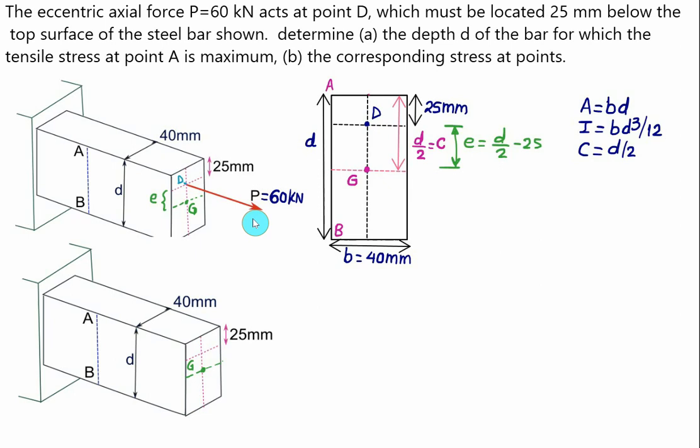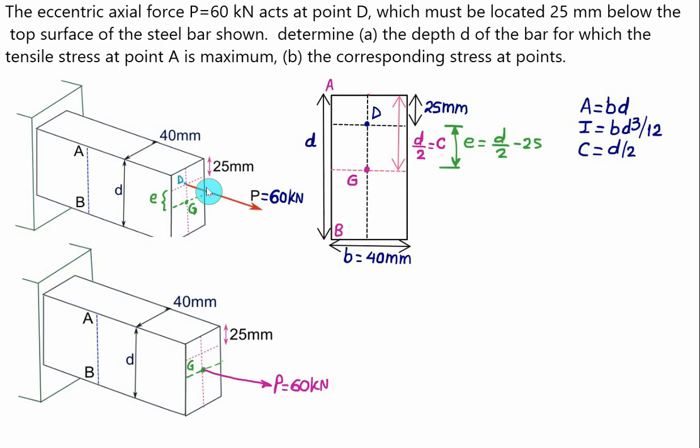Now to find the effect of the force P on A and B, we have to shift the force to the centroid, or cut the section. Either can be done. This time I will shift the force to point G. The force remains the same, directed outward, equal to P, which is 60 kilonewton.